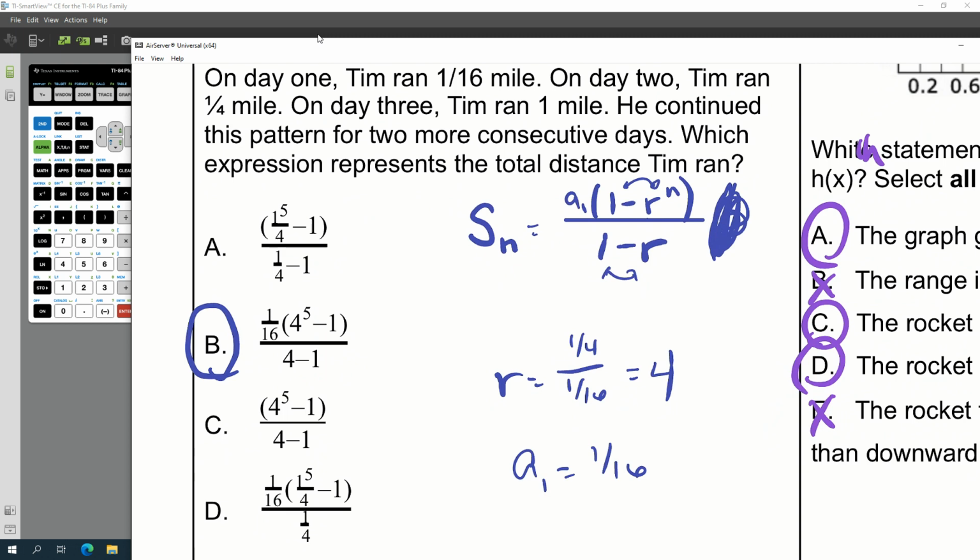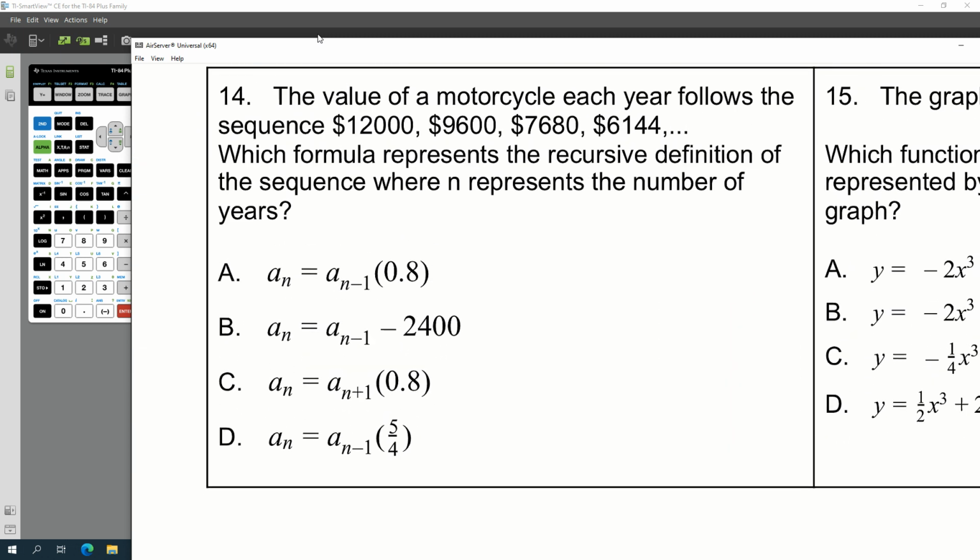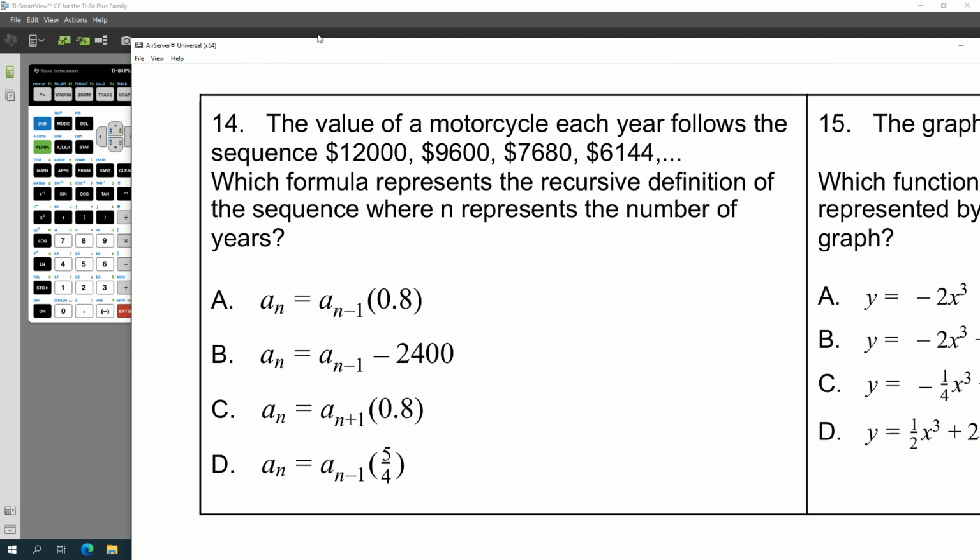Okay, a couple more. So the value of a motorcycle each year follows that sequence. Which formula represents the recursive definition of the sequence where n represents the number of years? Okay, so we need to figure out how much this is dropping each time.